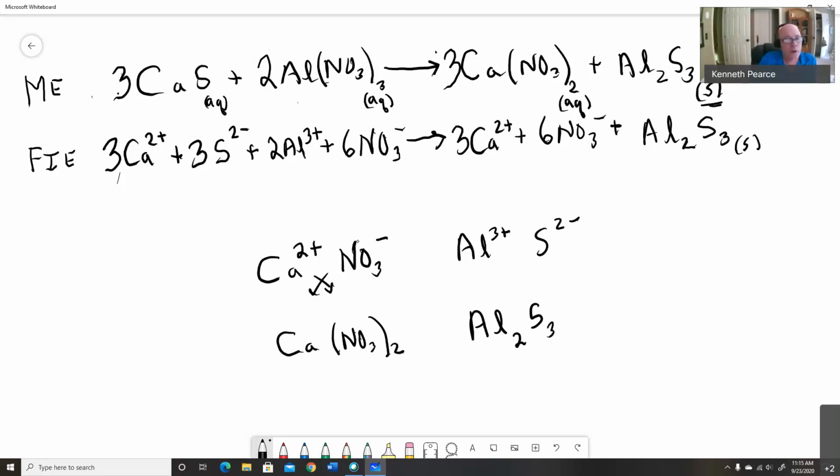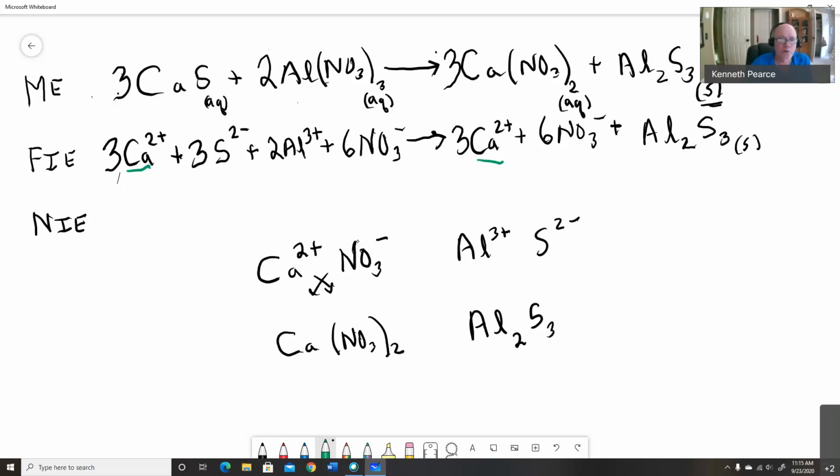All right, now we do the net ionic and the spectators. And how do we find the net ionic and the spectators? Well, the spectators are the same on both sides. And so if it becomes part of something, then it's not a spectator, it's actually a participant. So we look and we see calcium is the same on both sides.